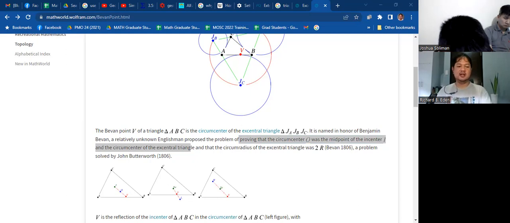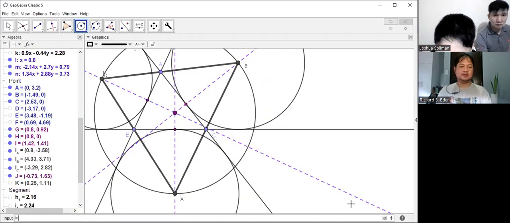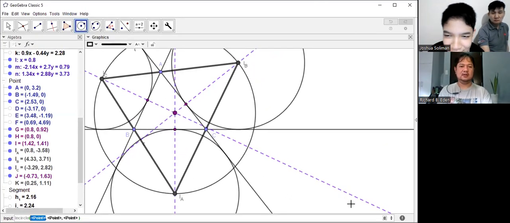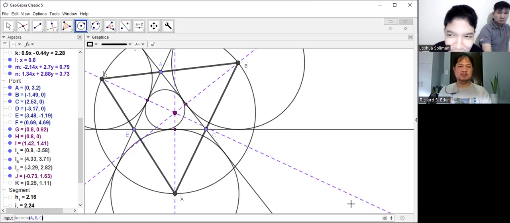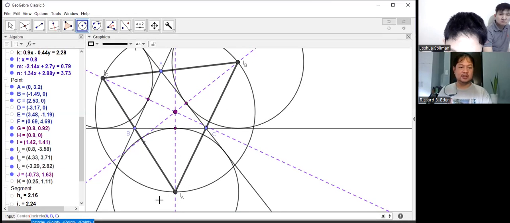So ito, drawing natin ng... wait, punta ako sa GeoGebra. Okay, verify natin. So ito, in circle, relatively unknown Englishman. BC. So ito, tapos let's look at the center of the incircle.